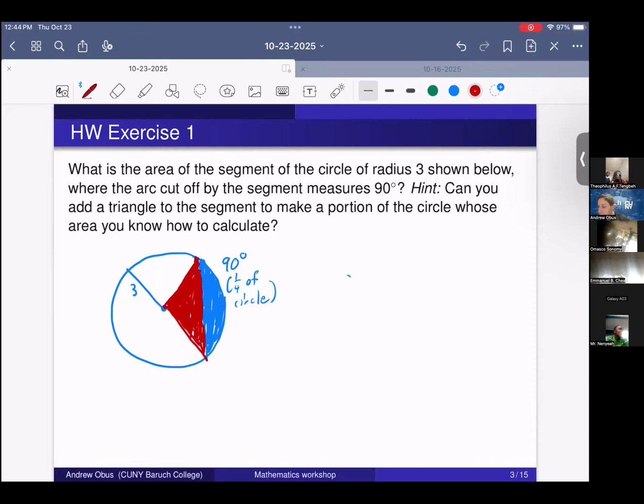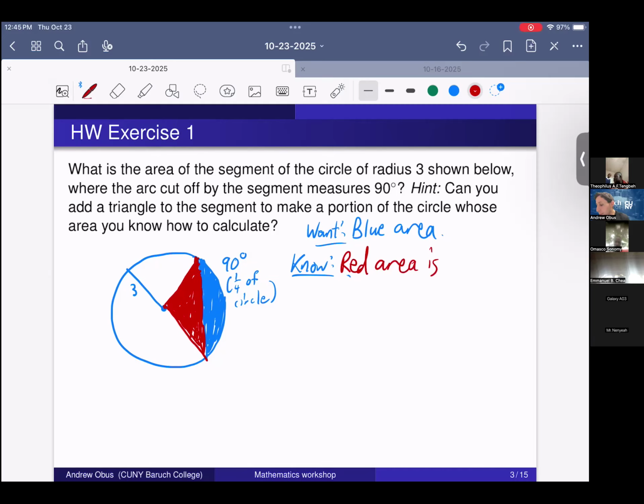The idea is if we can calculate the red area and we can calculate the combined red and blue area, then we can calculate the blue area, right? What we want is the blue area. So what do we know? Well, the red area is a triangle, and this is the center of the circle over here, right?